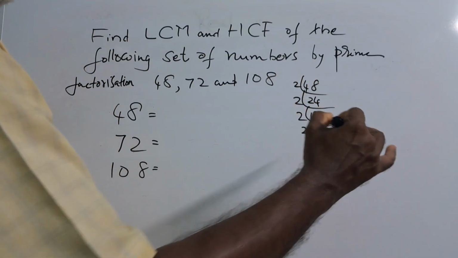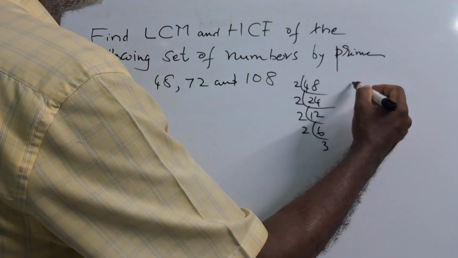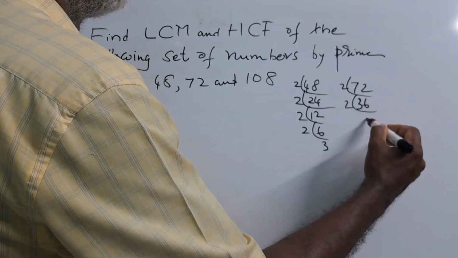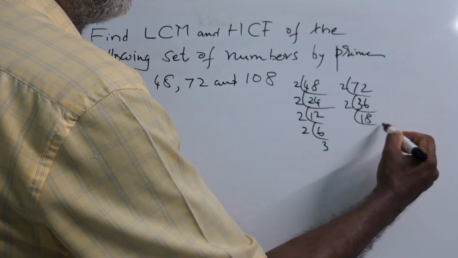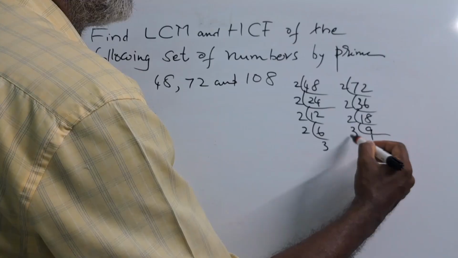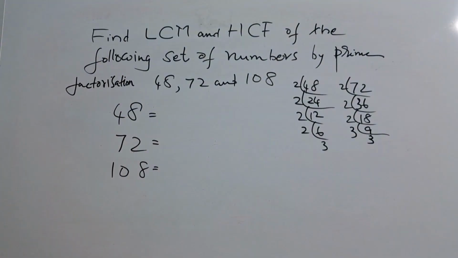This is the prime factorization of 48. Now let's factorize 72. By 2 you get 36. Again by 2 you get 18. Again by 2 you get 9. 9 is factorized as 3 into 3.